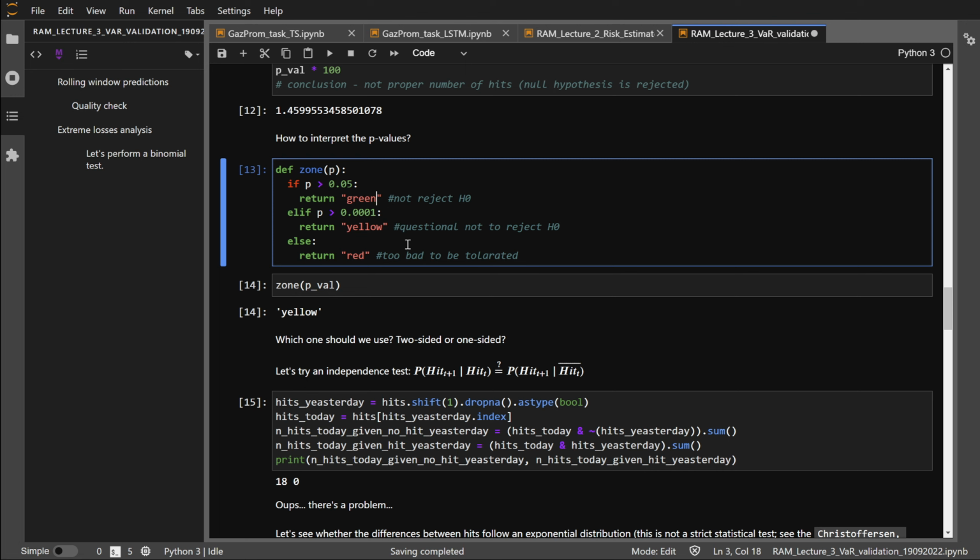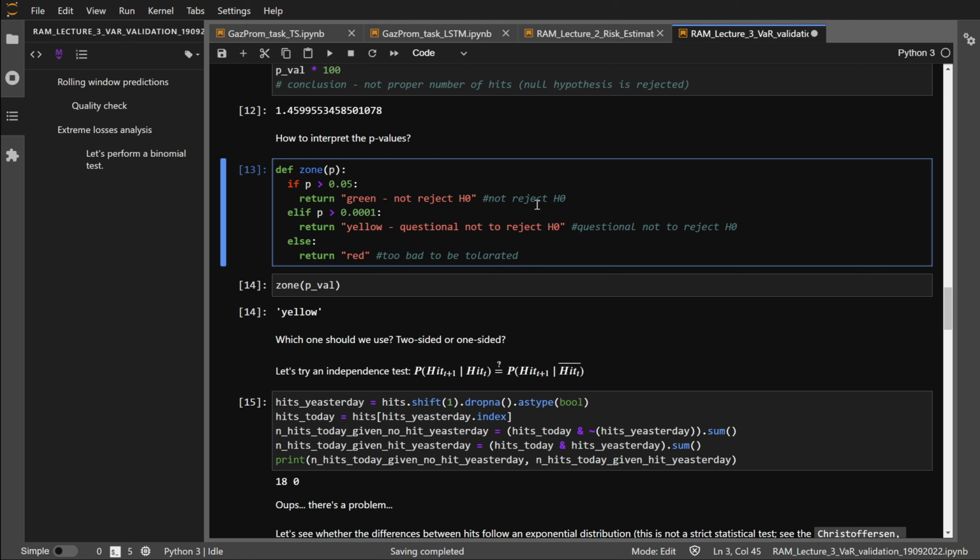Observing this many hits cannot be consistent with the null hypothesis at all. So that means that the model I'm currently using and trying to test is absolutely useless.